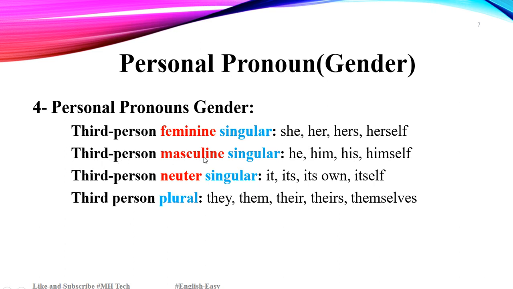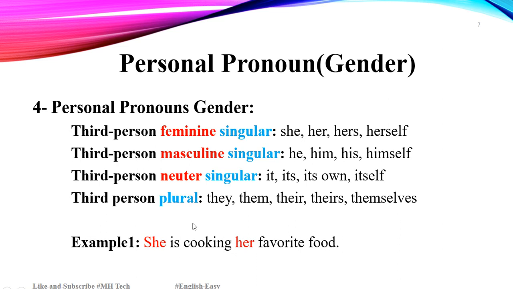The third person masculine singular is he, him, his, and himself. For the third person neuter singular, we have it, its, and itself. But the plural form is different. You can see here they, them. It shows more than 2, because it shows a collection or a group of people or places.